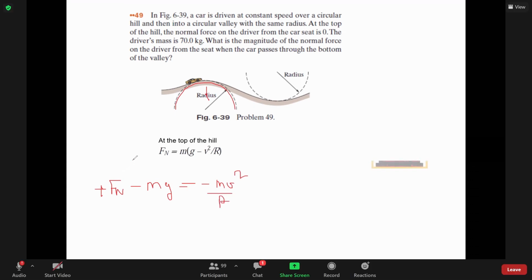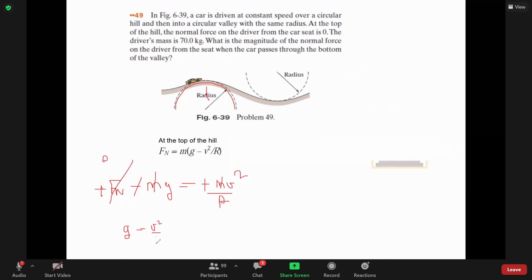Now the question says this F normal is equal to 0. Now the minus cancels with the minus. The mass of the man cancels with the mass of the man. From here, g equals v squared over r.